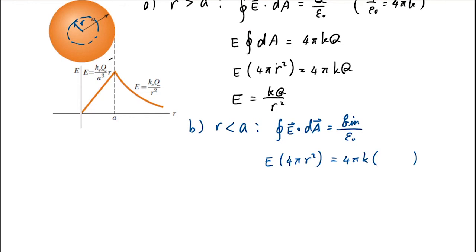What is our q inside? Whatever it is, it has to be the charge density times the volume inside, isn't it? And what's our volume then? 4/3 pi r cubed is the volume of our Gaussian sphere, the Gaussian surface.